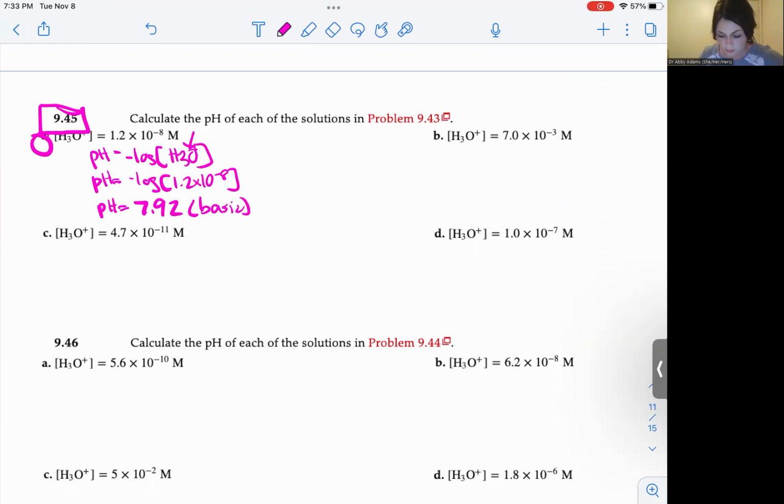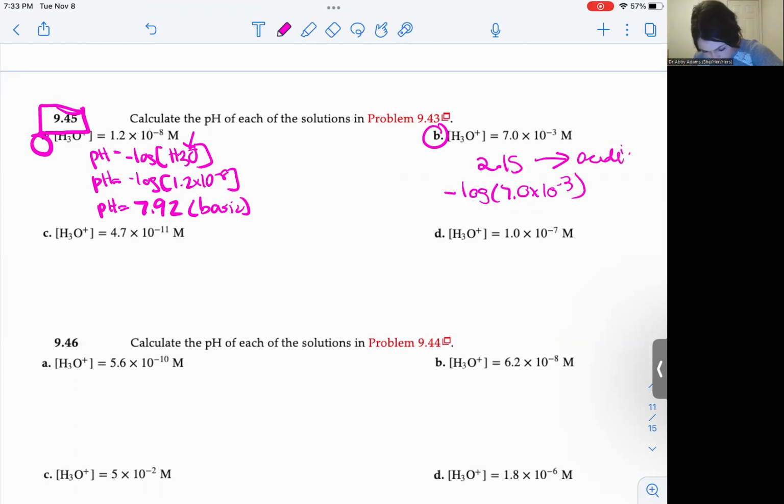Okay, so B, if you work that out, you're going to get 2.15. And you're working it out just like this. It's going to be the negative log of 7.0 times 10 to the -3. And so this is indeed acidic. Okay, let's see if we have the negative log of 4.7 times 10 to the -11.